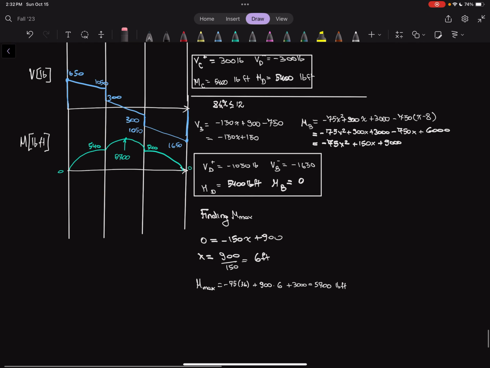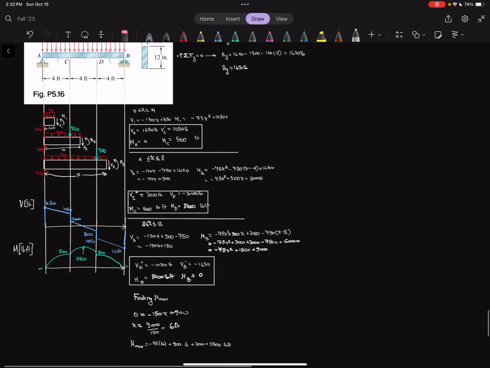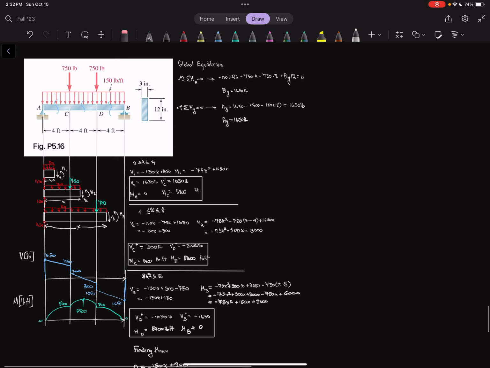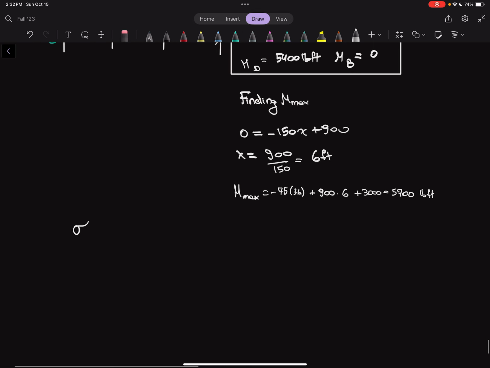Okay, so now what? Well, now what we can do is find the max stress. So S max is going to be minus Mz y max over Iz, which is equal to what?